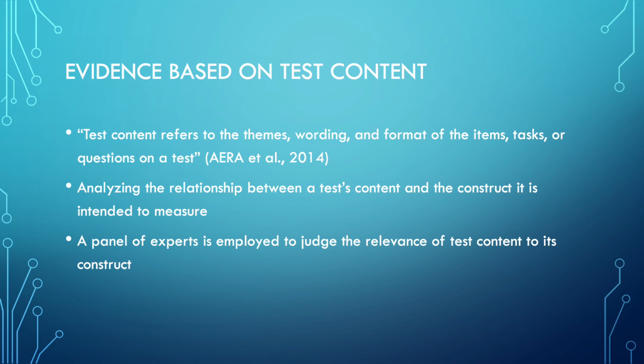We can analyze the relationship between a test's content and the construct it's intended to measure. A panel of experts is employed to judge the relevance of test content to its construct. So we can take those experts and judge the evidence or the relevance of the test to make sure that test is actually capturing what we want it to measure.